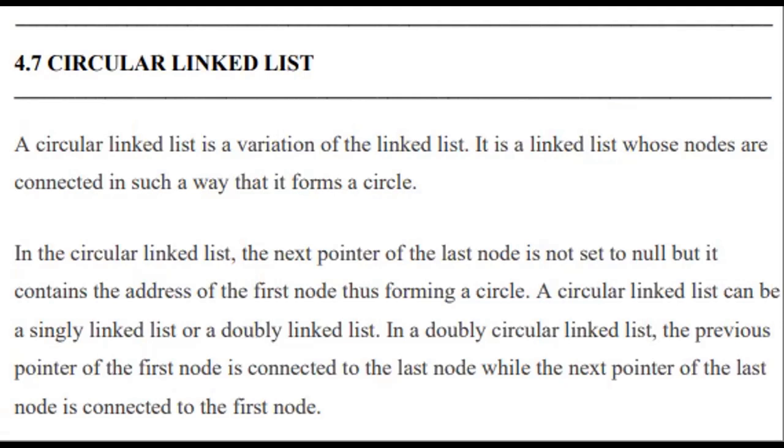But in a doubly linked list, there will be two link parts, one in front of the data part and one after the data part. So it will have two link parts, and the left one will link to the previous node in the circular order, and the right one will link to the next data. I'll show you the picture for that.